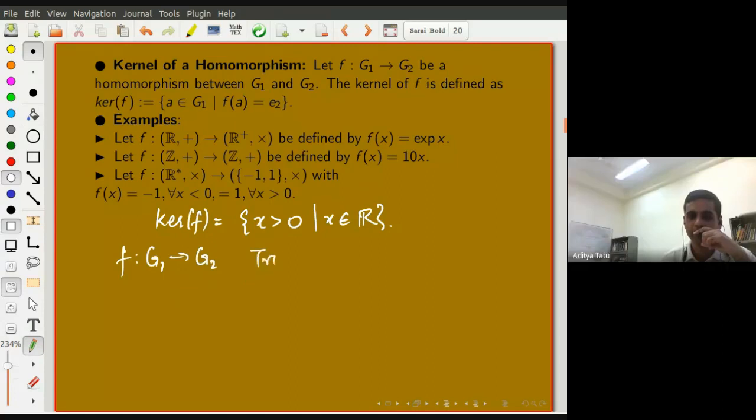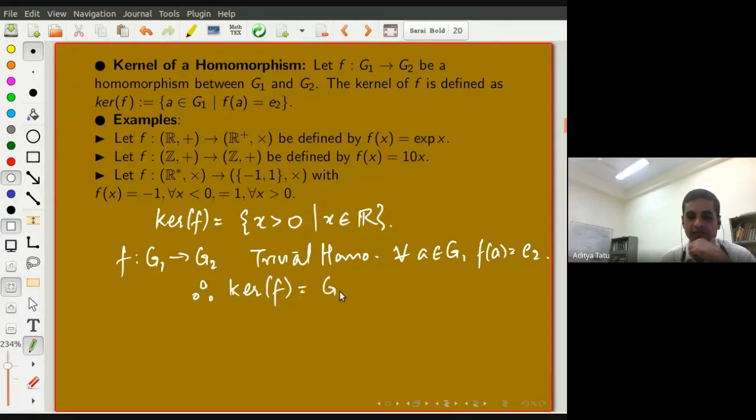So trivial homomorphism means that for every element a in G1, f of a is e2. Therefore, the kernel of this trivial homomorphism will be G1. So I think maybe the samples are enough. What do you think the kernel is? Of course it's a subset of G1.